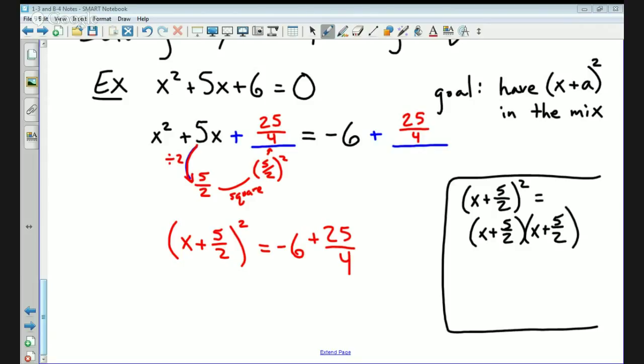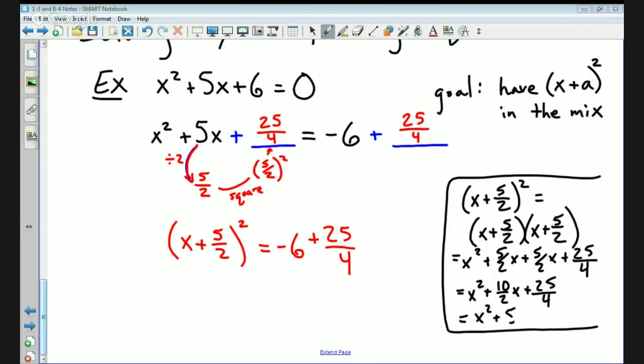And we'll FOIL this out, and we'll get x squared plus 5/2 x plus another 5/2 x plus 25/4. Well, 5/2 plus 5/2 is 10/2, and 10/2 reduces to 5. x squared plus 5x.